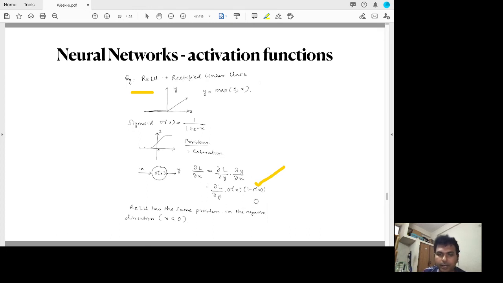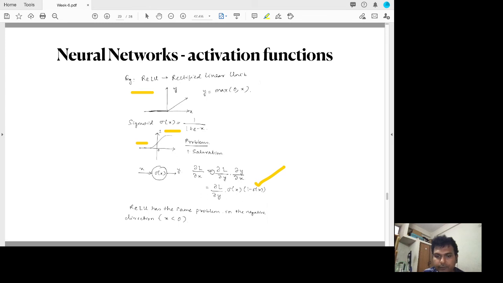Yes. Now think about two possible conditions. Think about this region and think about this region. What will happen when x is such that the sigma x value comes in this right hand side region?